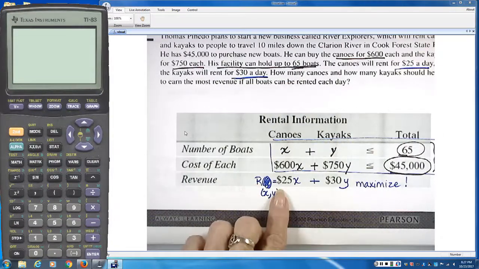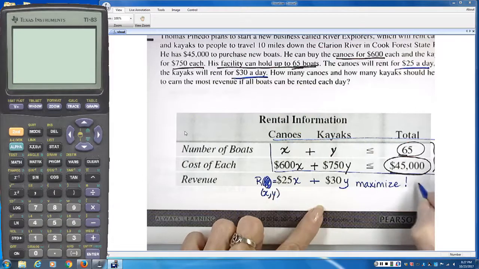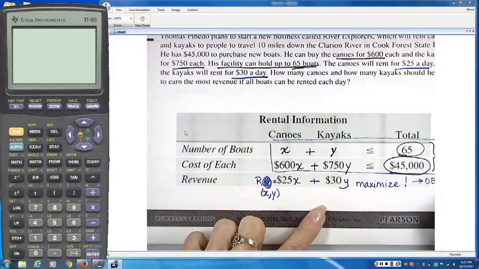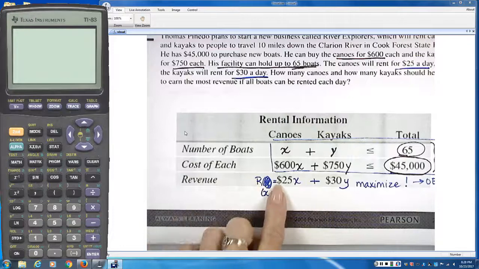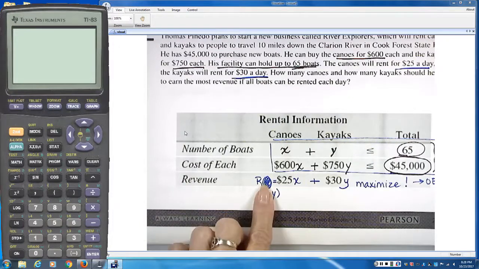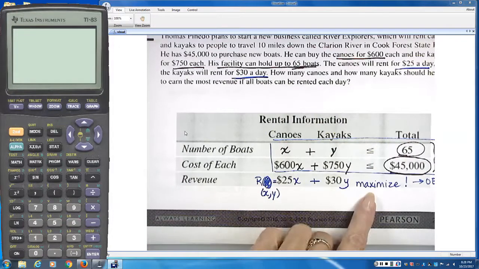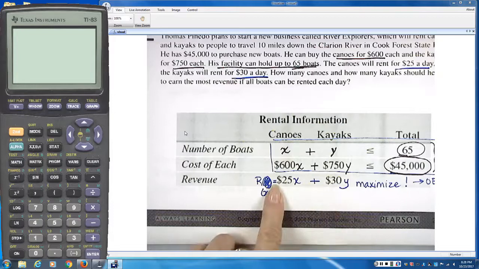This is what we're actually going to plug numbers into at the end. This is our Z function. And you can call it Z equals if you want to, or you can recognize it as revenue. But he wants to maximize his objective function.